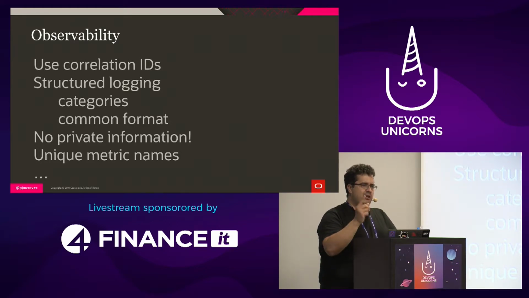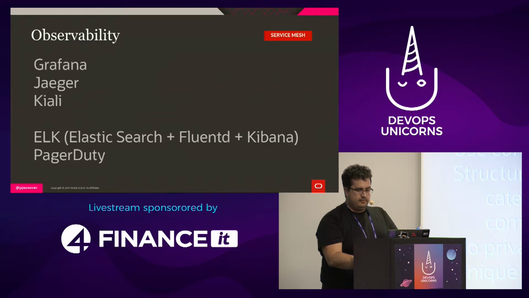It's going to be easy when you have 1 or 2 services, but if you get to like 10, 20, 50, 100, whatever, imagine how hard it is to parse anything if the time zones are different. Finally, unique metric names, just so it's easier to distinguish. You can categorize your logs as well. This is just a small selection of things that you can think about and do for observability.